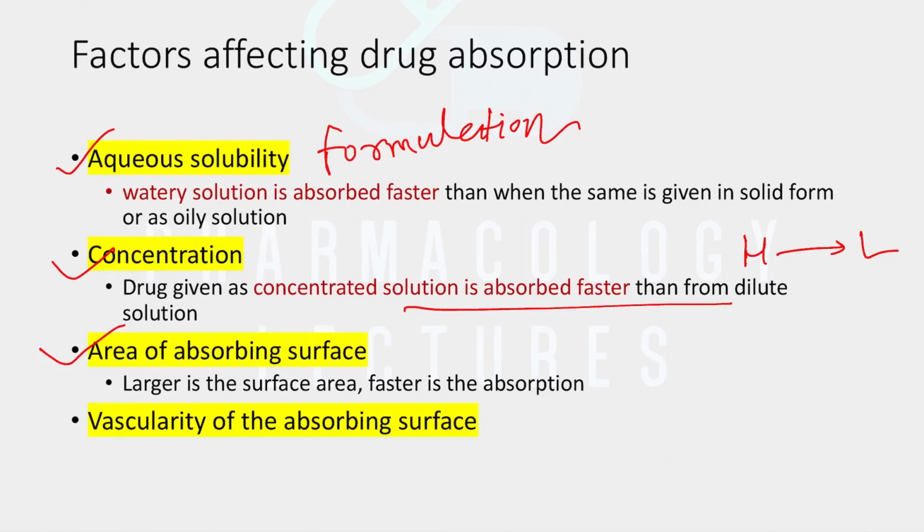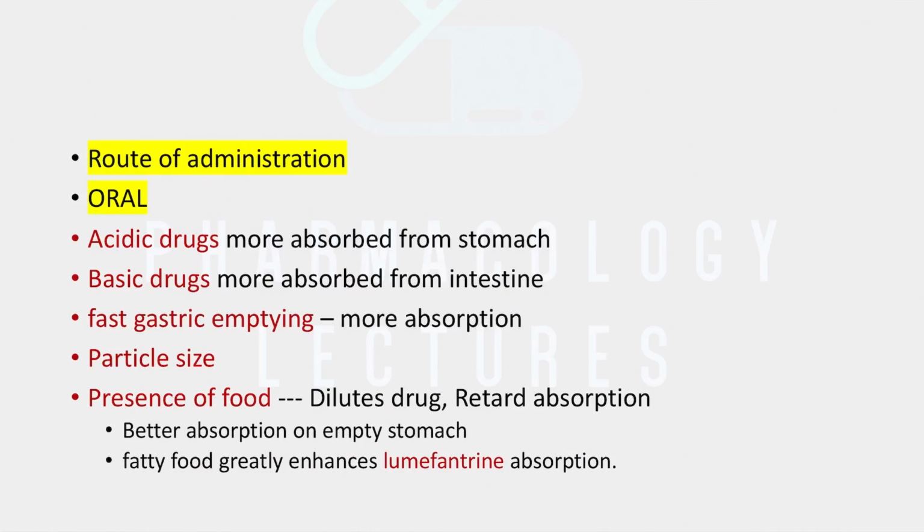The intestine has a larger surface, so the absorption rate is higher in the intestine. Vascularity of absorbing surface: the more vascular the area, the more the rate of absorption. So vascularity also affects the absorption rate.